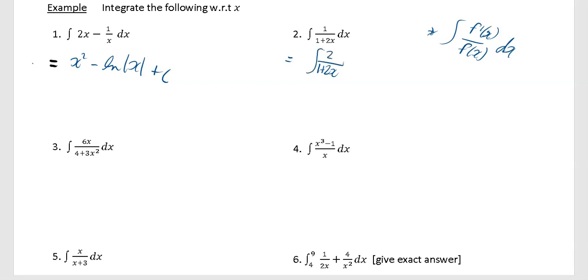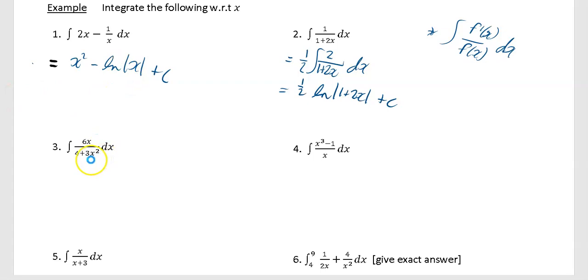So I'm just going to write it like that. And clearly, this line is not the same as this line, but what I can do then is pull a half outside. Then we're good to go. We're now in the form f dash of x over f of x, so we can integrate that. You're just going to have the half times ln of modulus of 1 plus 2x, close your modulus sign, plus c, and that's it.